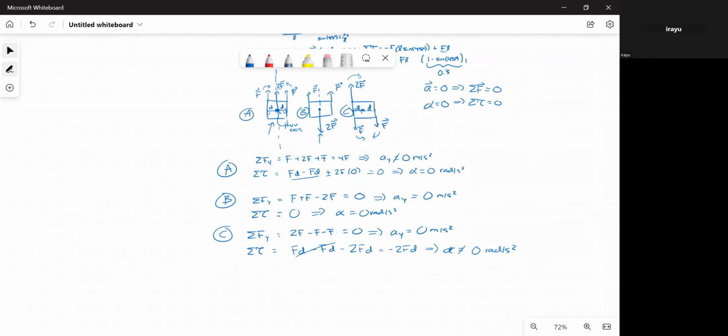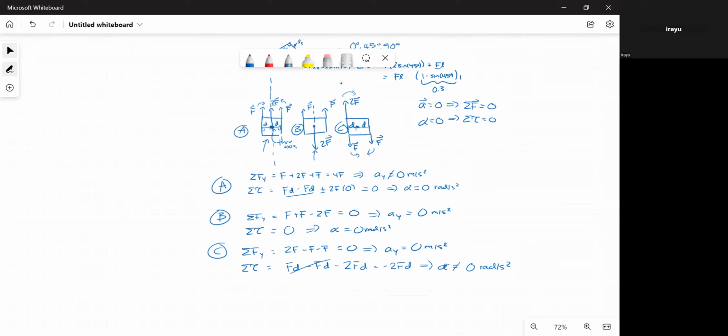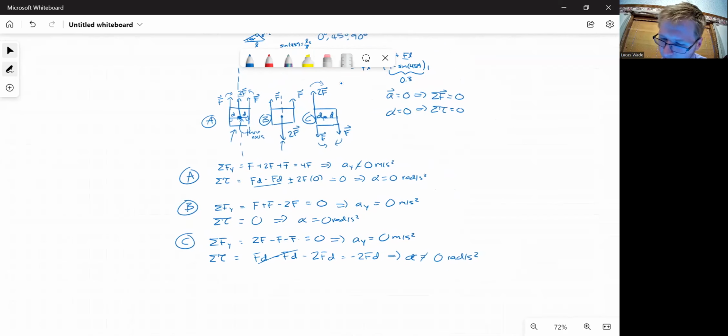Is it possible for one of them, for example the 2F force, to produce a counterclockwise torque? That would be if we had something very similar to that last case, but instead that 2F acts to the right of the axis of rotation.